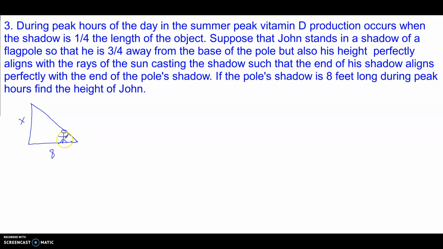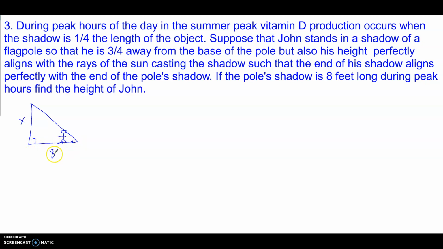Right. So here we really have two triangles. And this is going to be a right triangle. And what you can do is separate the two triangles. So you have the triangle made by John here, and then you have this overall larger triangle. So here John, remember, stands 3/4 the length of the shadow away from the base of the pole.